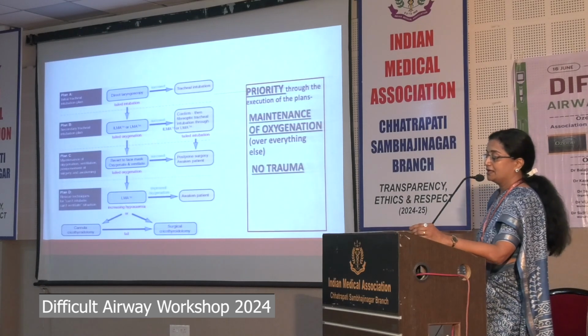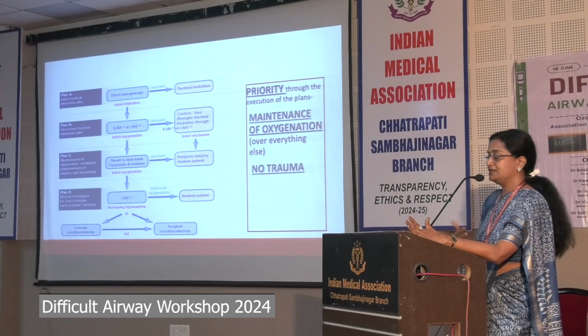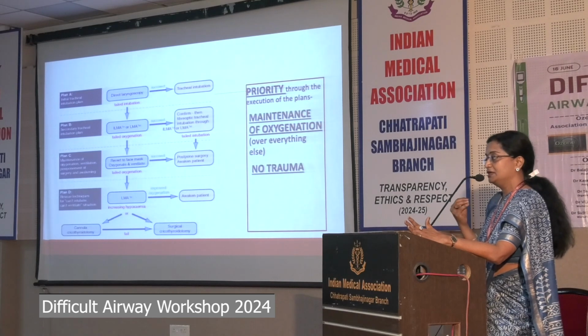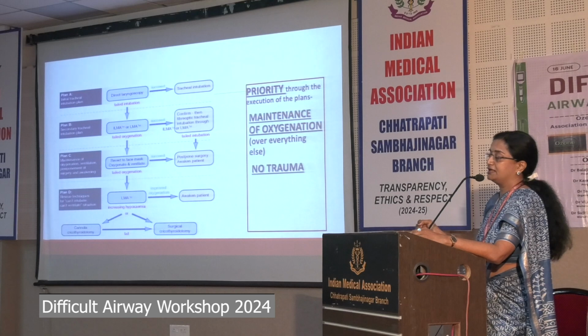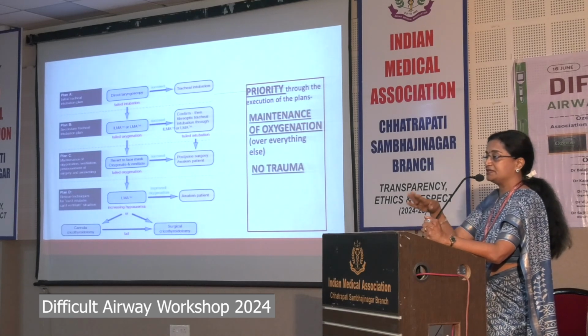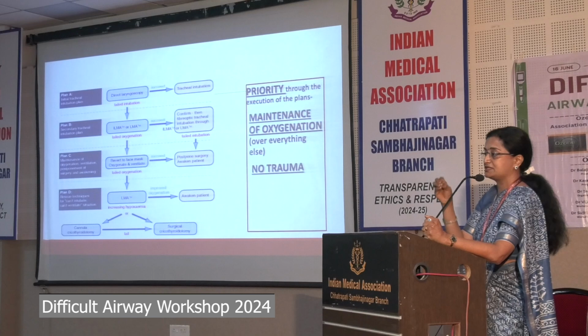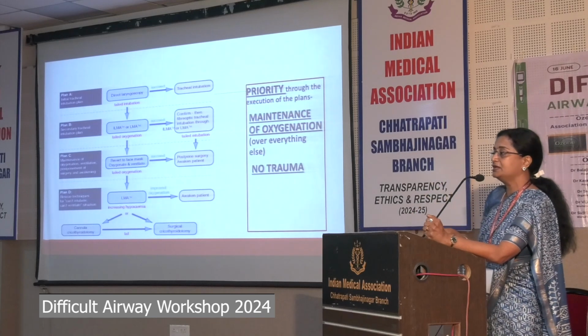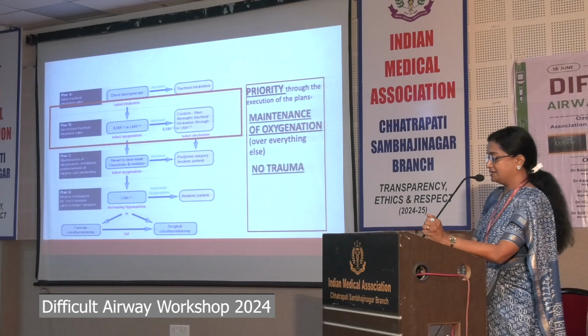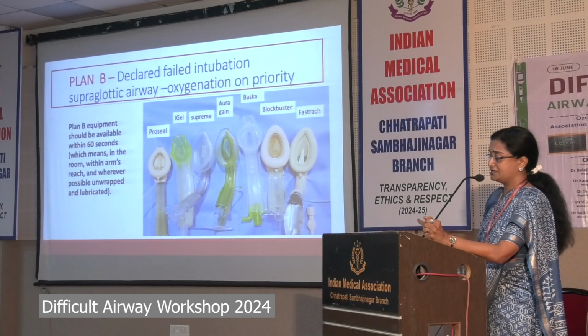Okay. Now coming to plan B, if all these repeated attempts of intubation, according to the guidelines that is 3 attempts, and you are maintaining the saturation. Ideally I would say, a trained anesthetist who has put in a laryngoscope inside knows whether he can intubate or not. He can just give one attempt, and if he realizes he cannot, keep the laryngoscope in place and just take any of the SGDs.